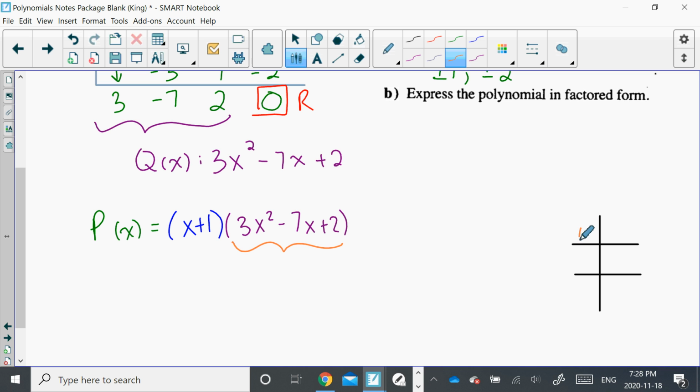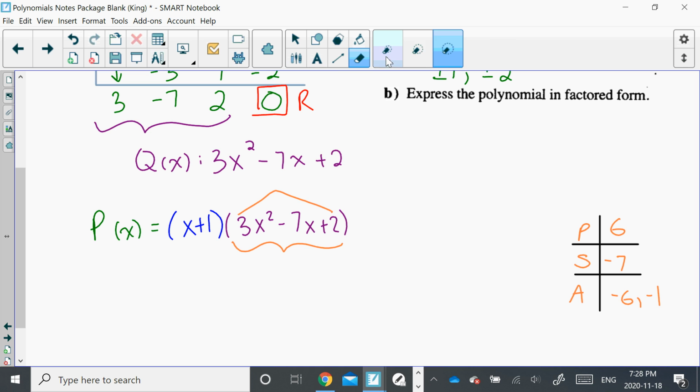So let's factor this one. For PSA, we're looking for the product of our a value times our constant. So we're looking for a product of 6 and a sum of -7. The two numbers that multiply to 6 and add to -7 are -6 and -1.